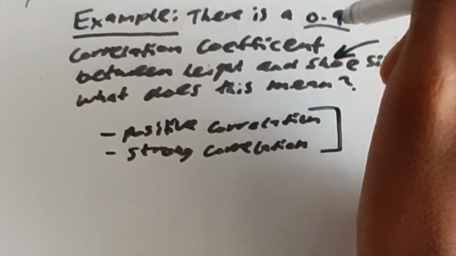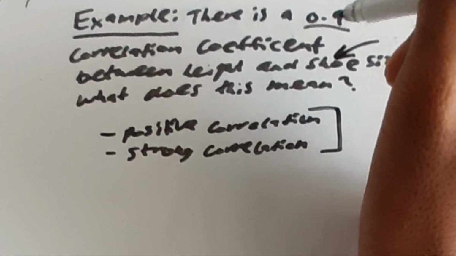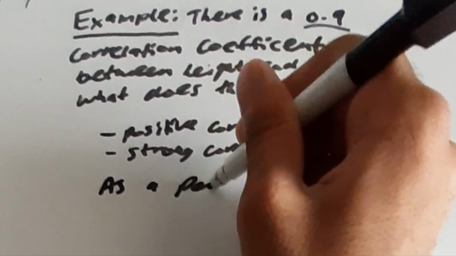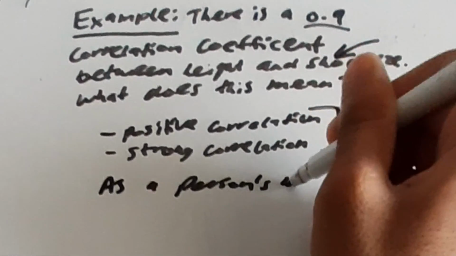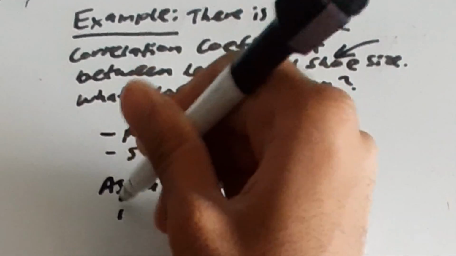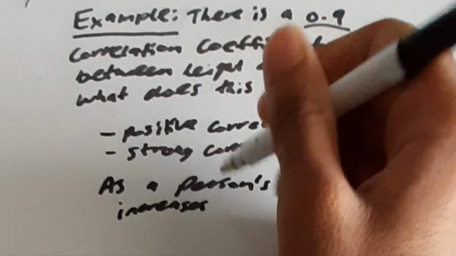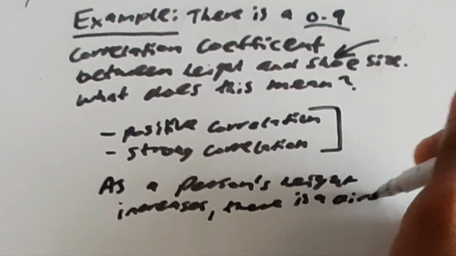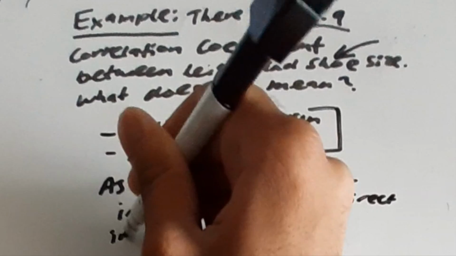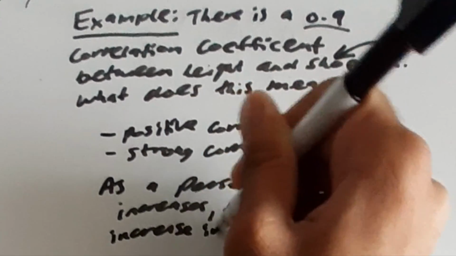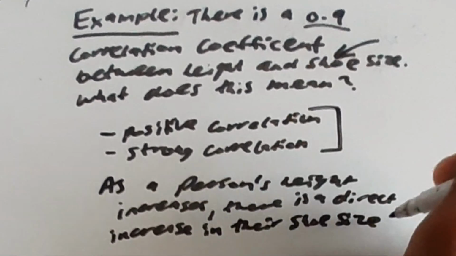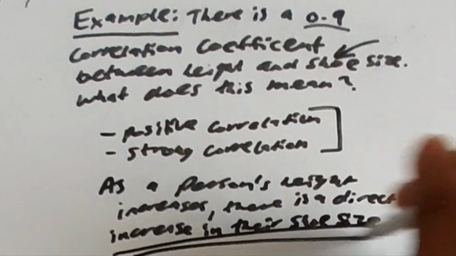Since we have a direct relationship, a correlation coefficient of 0.9 between height and shoe size would mean as a person's height increases, there is a direct increase in their shoe size. And that there is the answer.